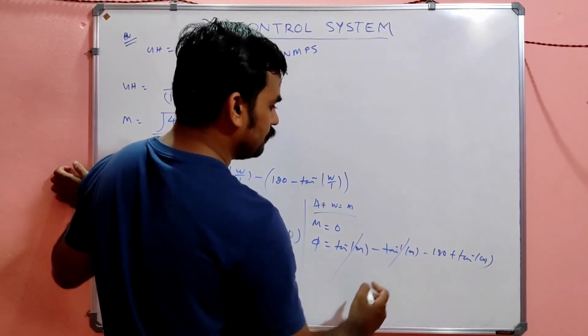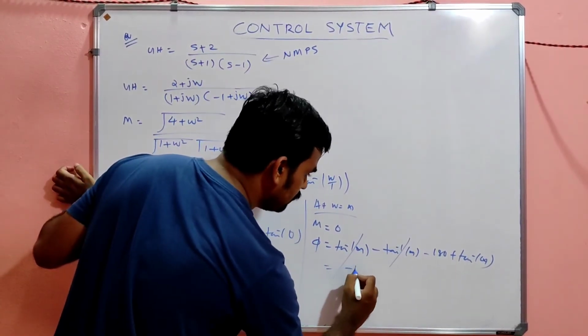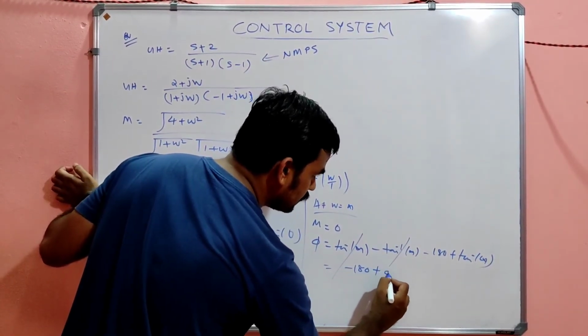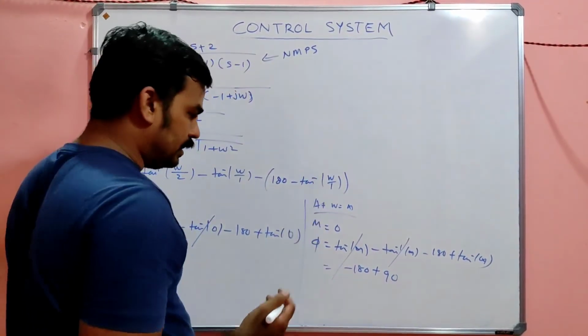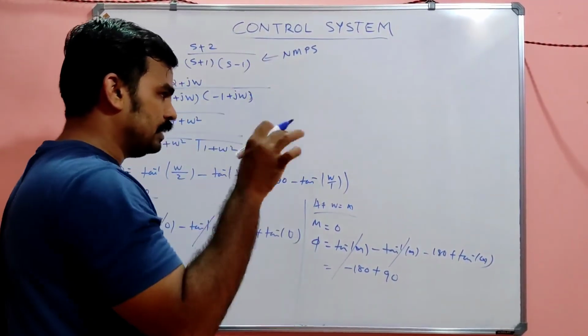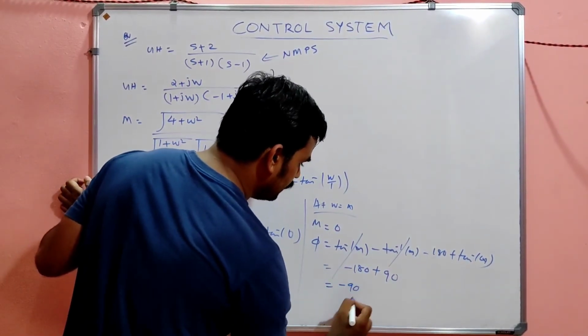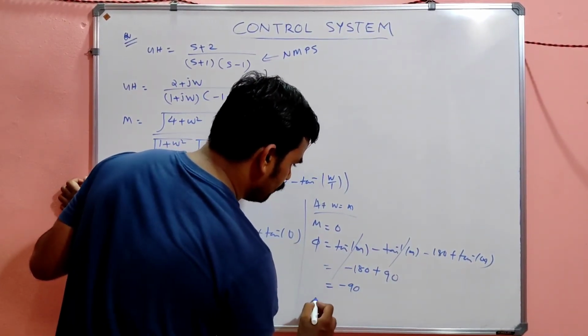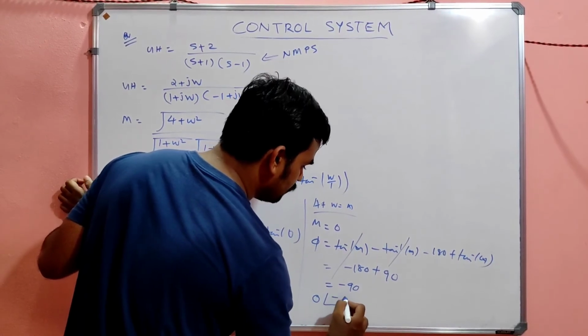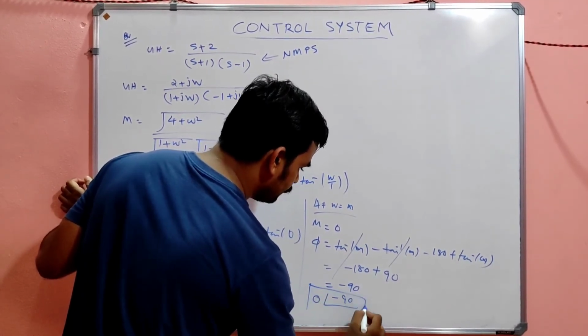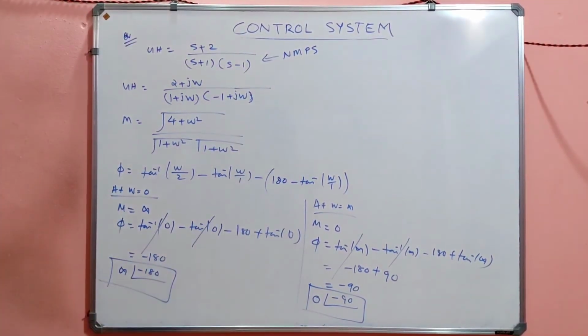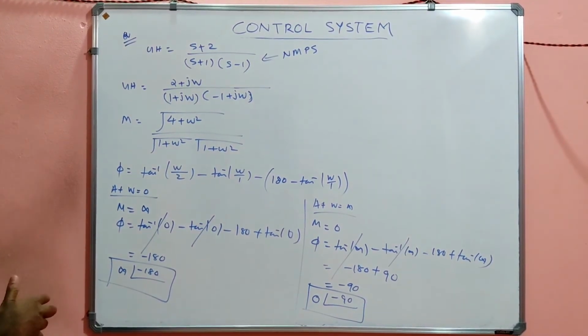So tan inverse minus tan inverse goes, so it will be simply minus 180 plus 90. Tan inverse infinity is nothing but 90, sin 90 by cos 90, cos 90 is 0. So it will be minus 90. So the magnitude angle representation will be 0 angle minus 90.